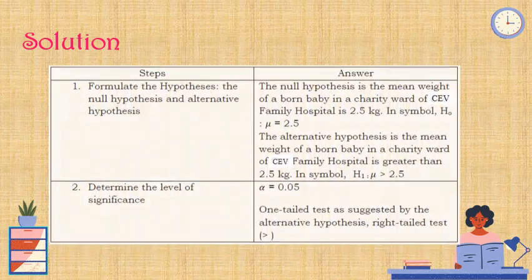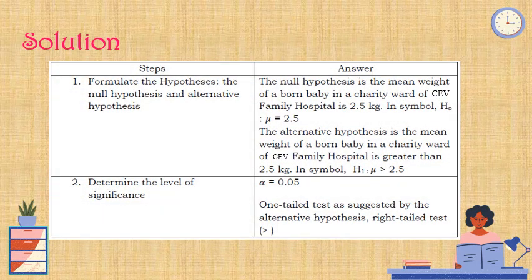Okay, for our solution, step 1, we need to formulate the hypothesis, both the null and the alternative hypothesis. So, answer, the null hypothesis is the mean weight of a born baby in a charity ward of CEV Family Hospital, which is 2.5 kilograms. In symbols, ang ating null hypothesis, mu is equal to 2.5.